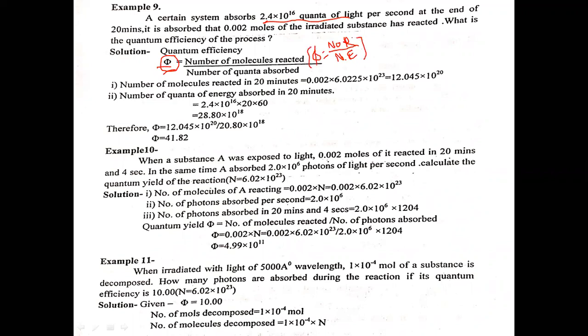If you know the number of reacted molecules and the number of photons absorbed by the reactant molecules, you can calculate the quantum yield. Quanta means the amount of light absorbed by the system, and the system means the reactant molecules.